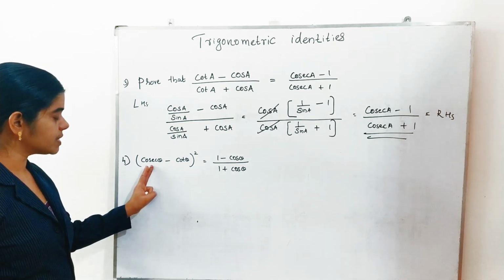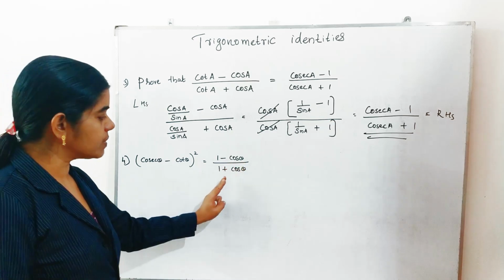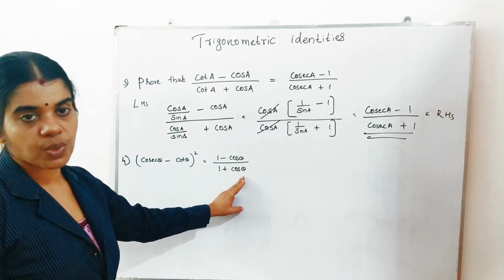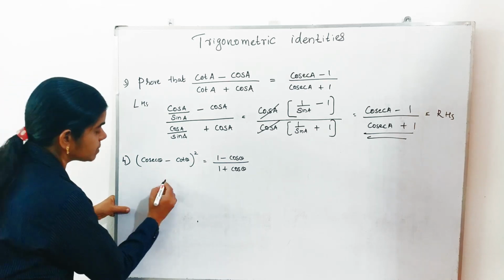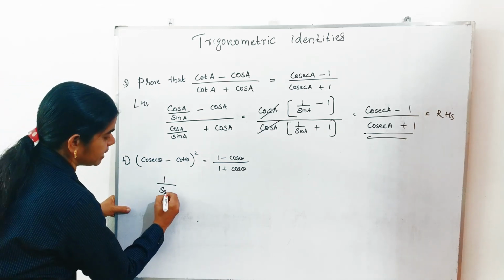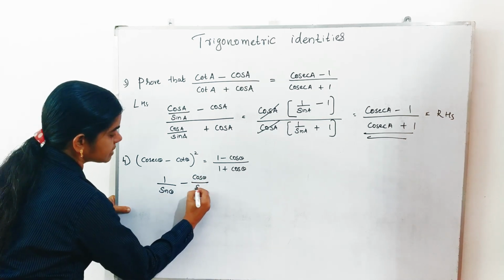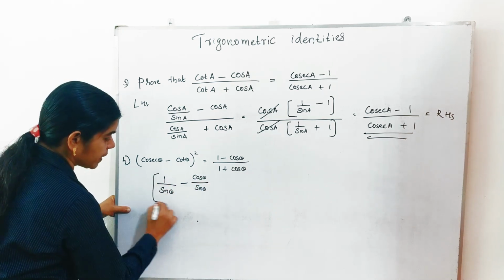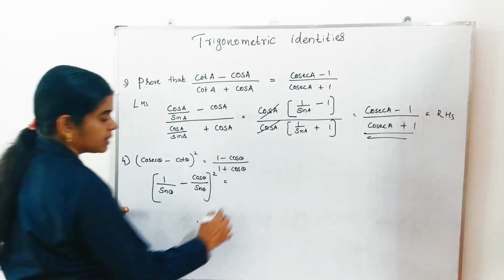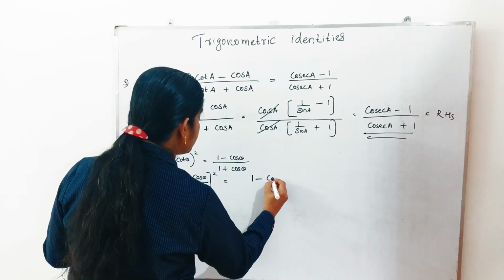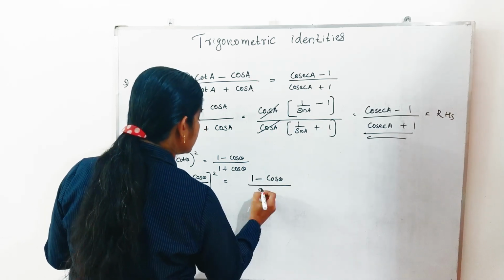Next question. Cosec theta minus cot theta whole square is equal to 1 minus cos theta divided by 1 plus cos theta. You already know that cosec theta means 1 by sin theta, and cot theta means cos theta by sin theta. Here the whole square is also there, that also I am writing. Then the denominators are the same, so we can write 1 minus cos theta by sin theta, the whole square.